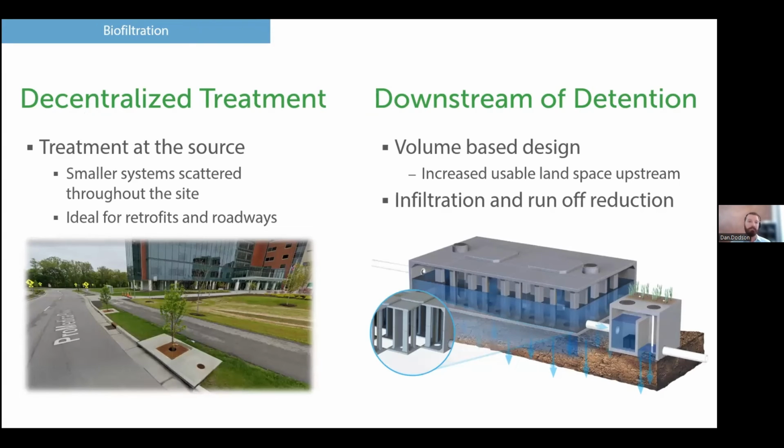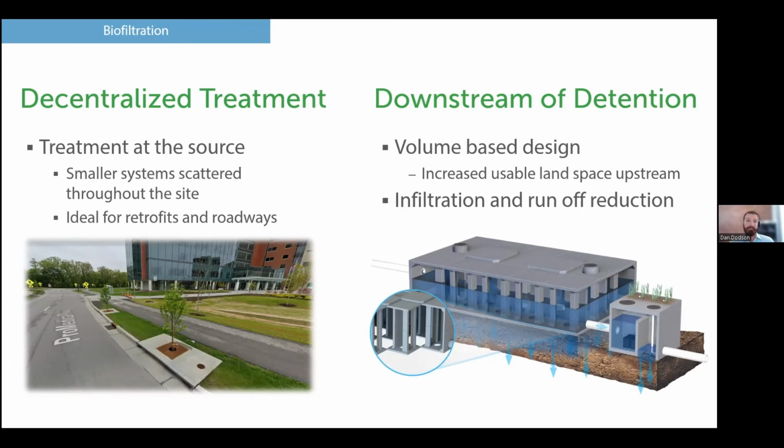So the next question that we typically get asked is, when can I use these high-rate biofiltration systems, and where can I use them? Of course, you can use them in replacement of the conventional bioretention systems. You just utilize a smaller footprint due to the higher flow rates, but there are other applications that you might not be aware of. The first is the decentralized system, where you have smaller systems scattered throughout the job site.